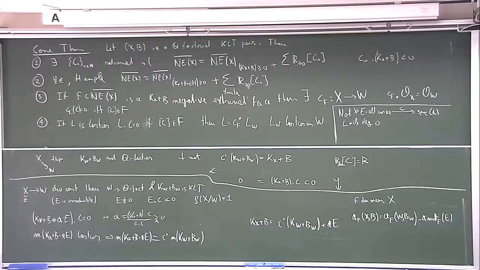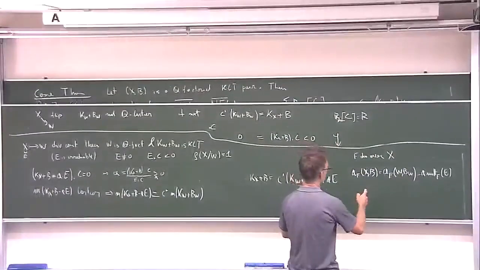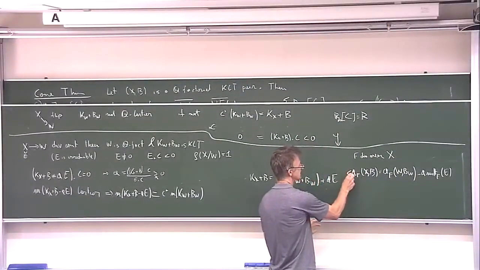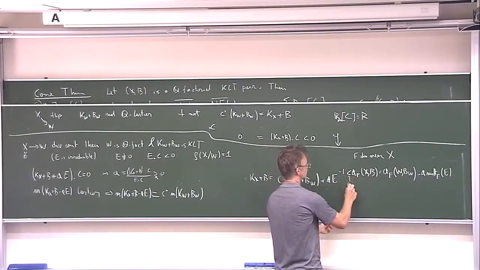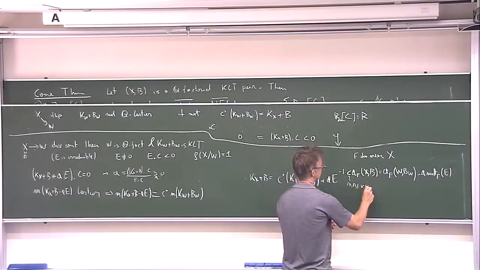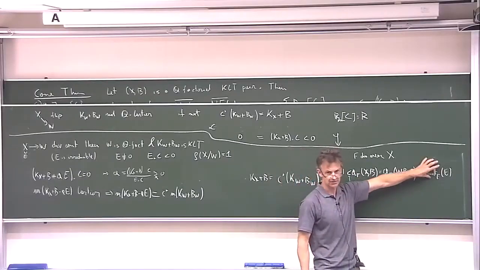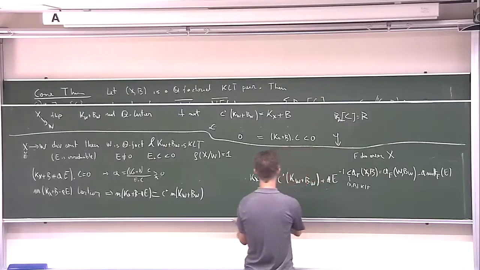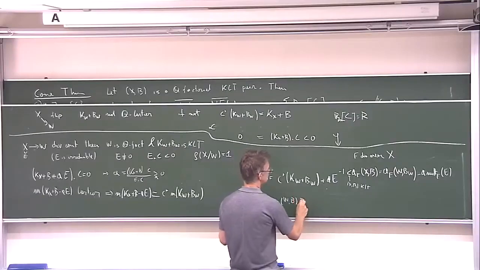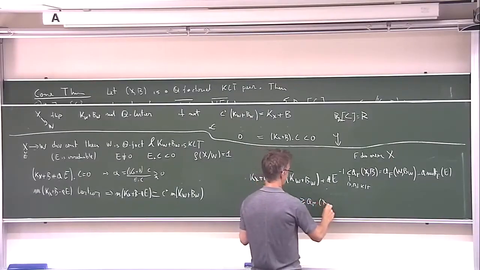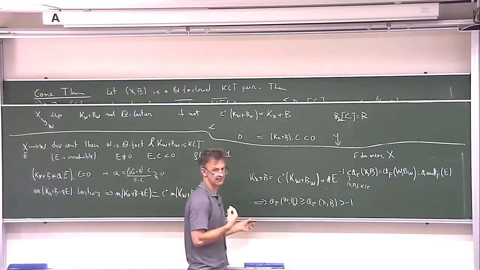Okay, so what this is telling us is, now we know by assumption that these guys are greater than -1 because this is KLT. But then these guys are even possibly bigger, right? Because this is a non-negative quantity. So this is telling us that a(F, W, BW) is greater or equal to a(F, X, B), which is greater than -1. So it tells us that (W, BW) is in fact KLT.